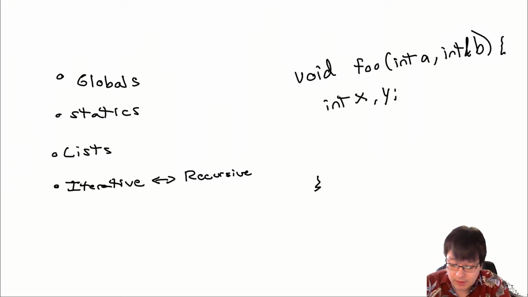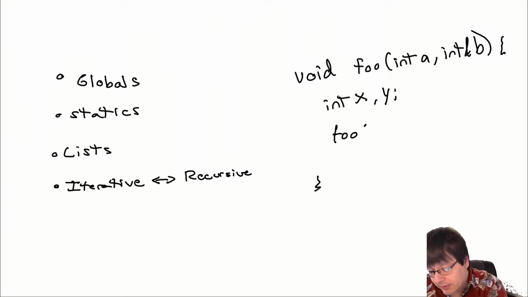So in this case, whenever foo gets called initially, and then of course we gotta make it recursive, so let's say x gets 5 and y gets 6. Okay?